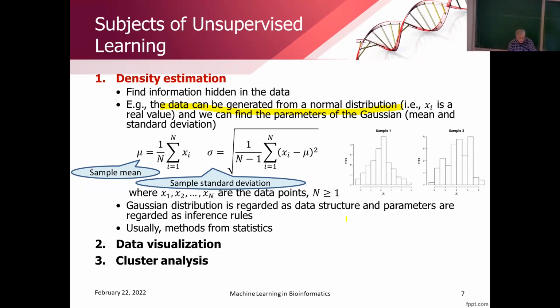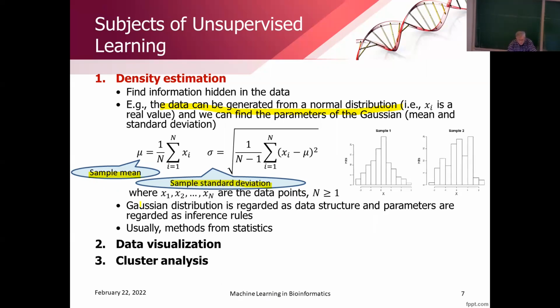So how can we obtain that? We can compute sample mean. This will be the estimate for the expected value, and sample standard deviation, which is estimate for the standard deviation of the random variable.